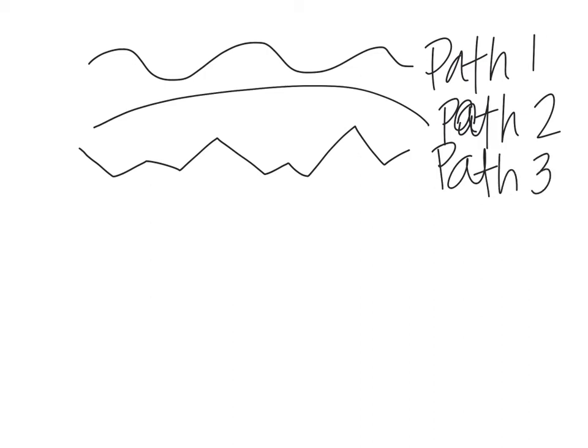So now what I need to do is compare. So I'm going to use my string. I'm going to measure them. So I've got my string and I'm going to measure it. And then I lay it out flat on my ruler. And my ruler says my first path is 14 centimeters.